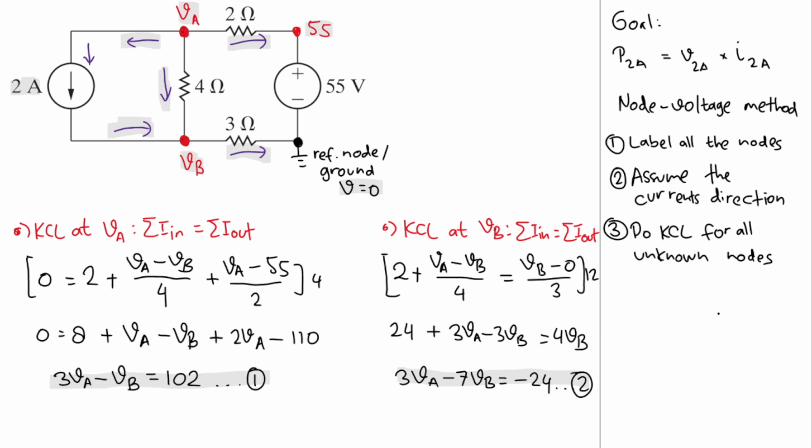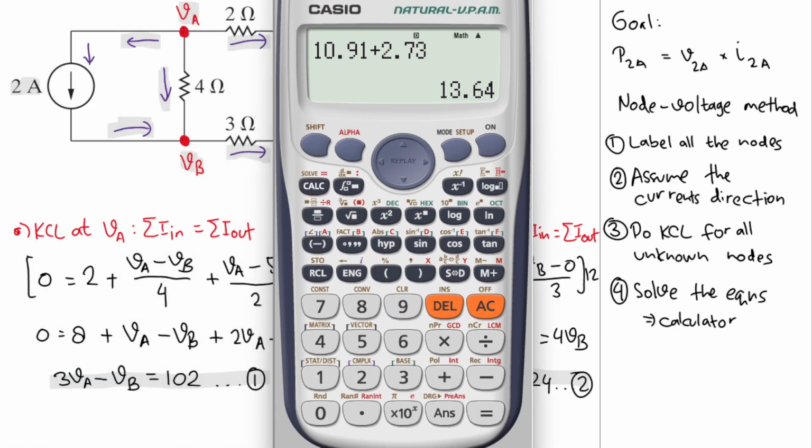What we need to do is solve the equations. The fastest way is by using a calculator, because in the circuit exam usually you can use a calculator, so why not just use that, right?